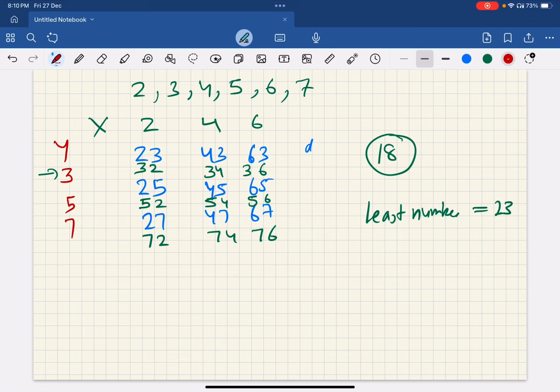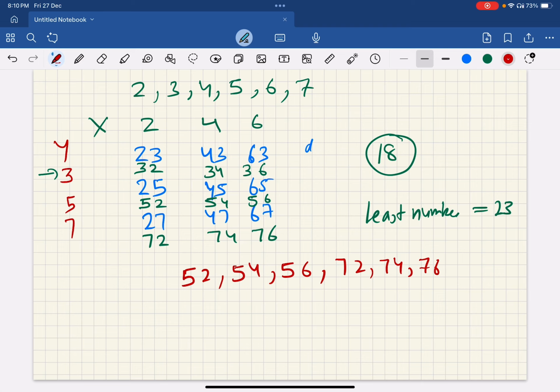So the even numbers which are greater than 40. We have 52, 54, 56, 72, 74, 76. All these numbers are even and they are greater than 40.